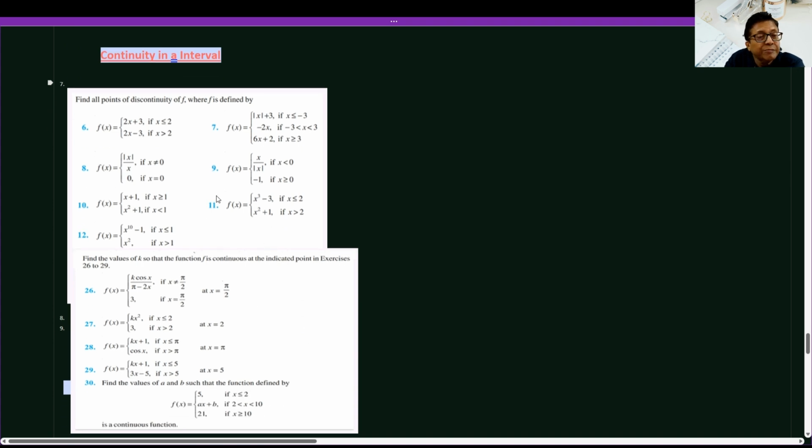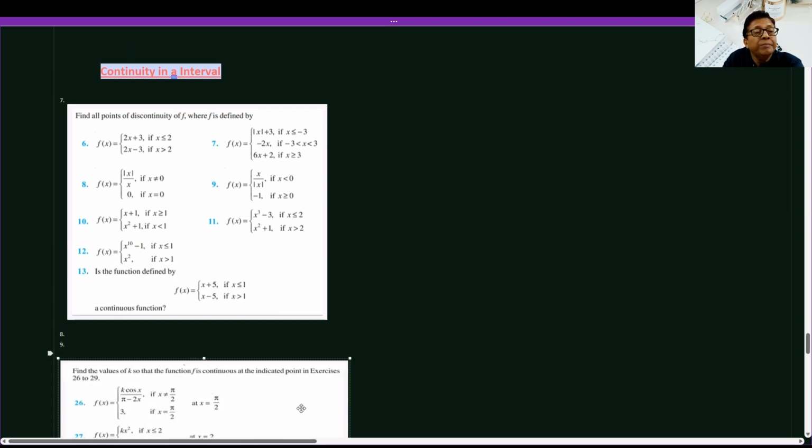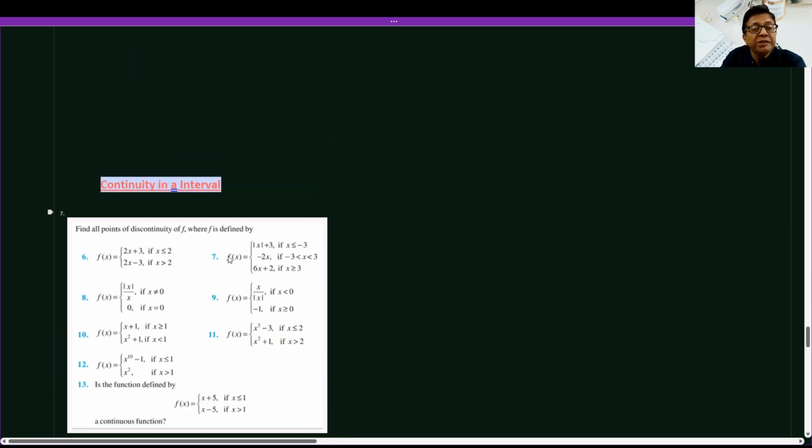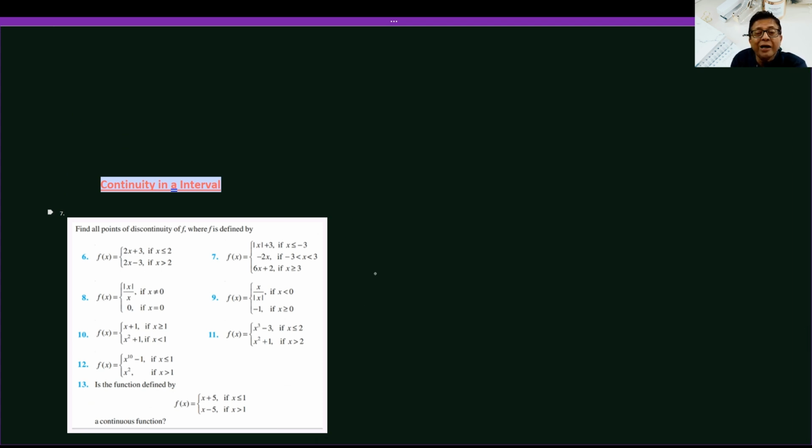Go for that from 6 to 12, and then 26 to 30. Those will be continuity in the interval, and these are at the points. So when you are going to consider continuity for these functions, you have to consider continuity in an interval. So how do you answer this? The best way I will be telling you.